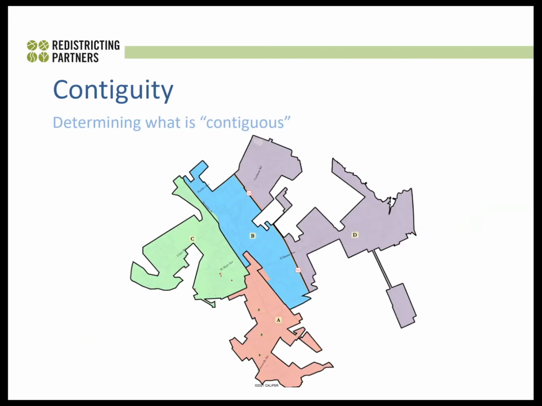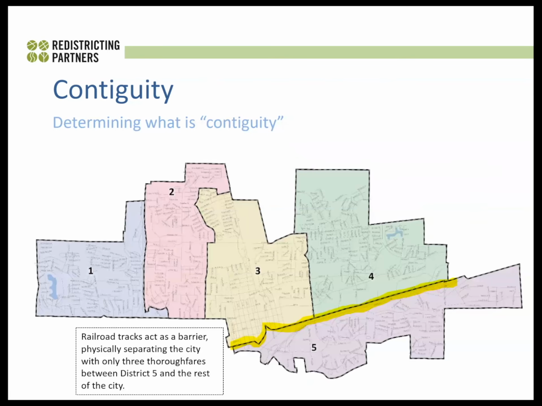So I like to give a couple of examples of what contiguity is because it can be confusing. So this is an example of what is considered non-contiguous. You'll see that this portion of the city up here is away and not touching with the rest of the purple district. So in order for this to be contiguous, it would need to be joined over here. So that is an example of non-contiguity.